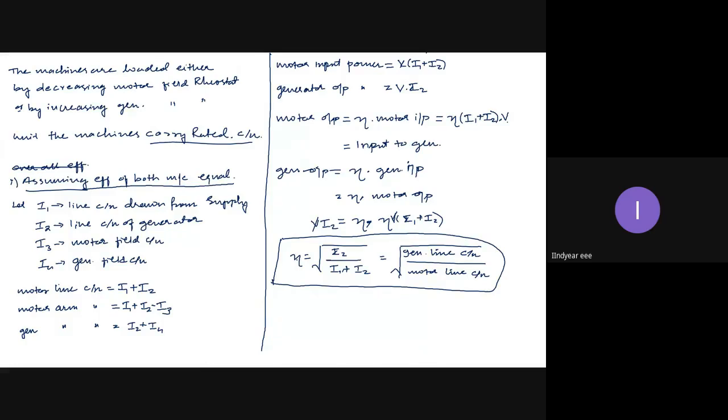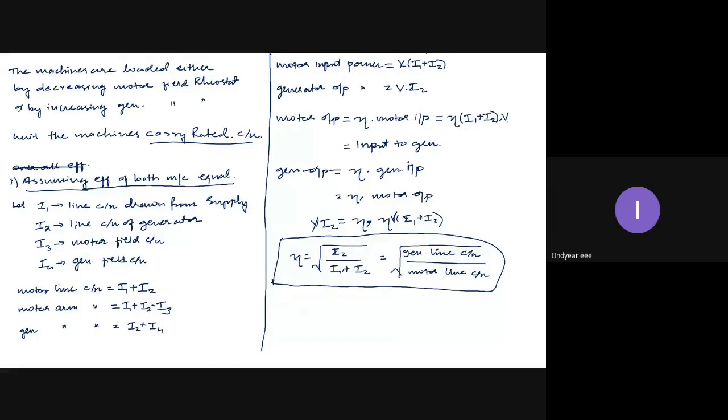One more problem with this kind of analysis is that I can't find the losses directly. I'm getting efficiency without finding the losses. So I cannot determine the temperature rise, because once I know the losses, I can determine the temperature rise.